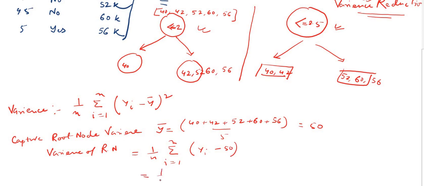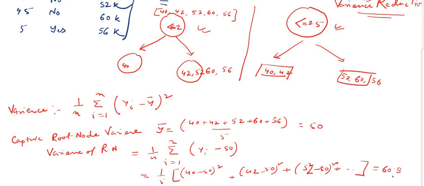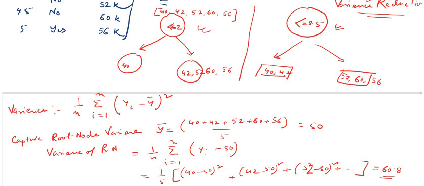If you do this calculation, you get 40 minus 50 squared, plus 42 minus 50 squared, plus 52 minus 50 squared, and so on, and ultimately the total comes to 60.8. I have already done this calculation, so I'm not showing it all, because I just gave you the mathematical intuition of how we are doing these things.